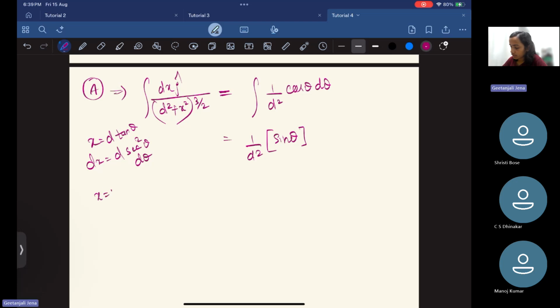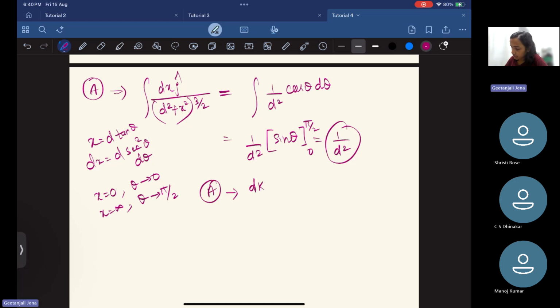When x is 0, theta will be 0, and when x is infinity, theta will be pi by 2. So that is why it will be 0 to pi by 2, 1 by d square. This is for the A part. So A will come out as k lambda by d, in the j direction.